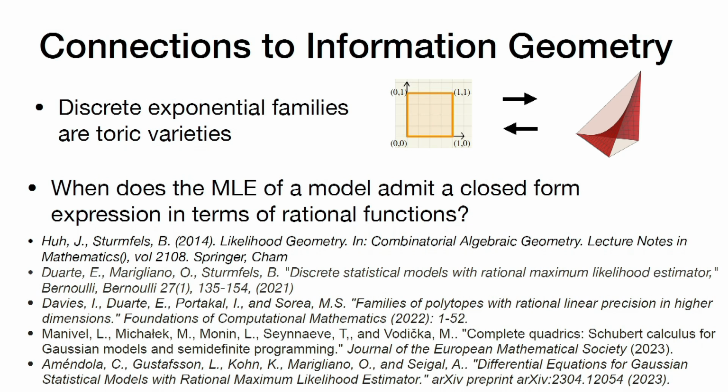In the first work, they associate invariants of algebraic varieties, namely classes, and they use different divisors and classes and intersection theory to compute maximum likelihood degrees, and this in fact has some connection with semi-definite programming. And more recently, Carlos Améndola and co-authors gave a characterization using differential equations of Gaussian models that have rational MLE.